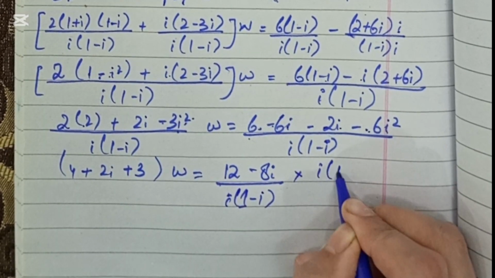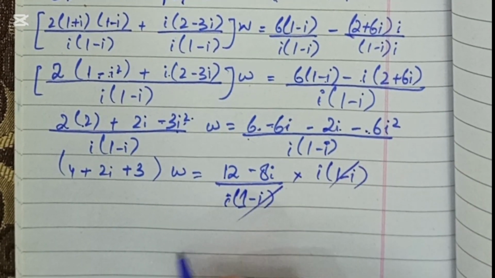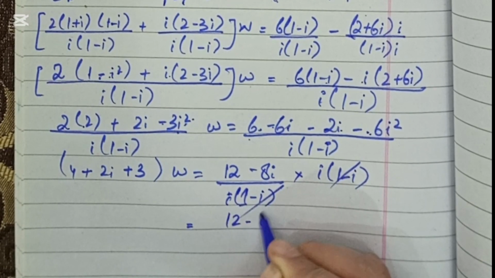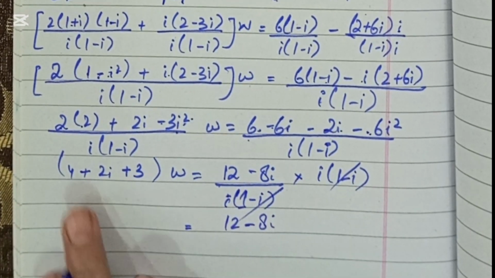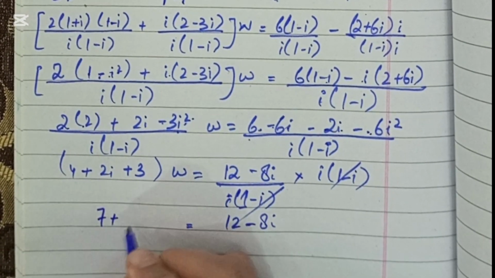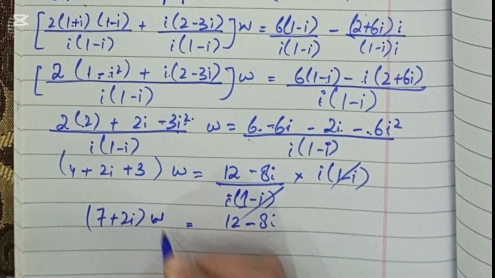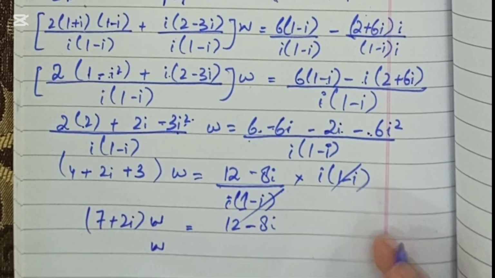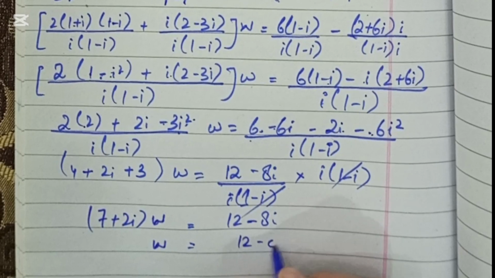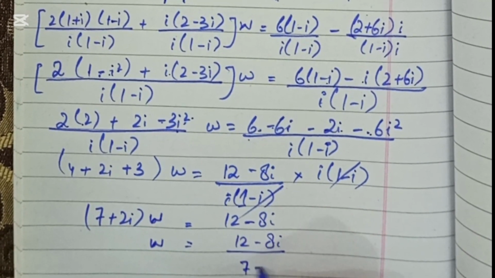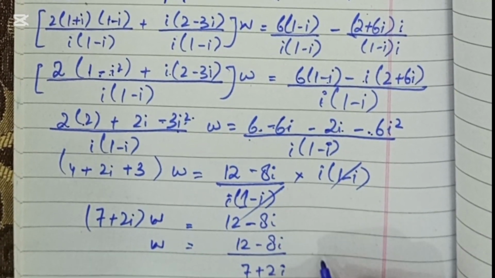So it will be iota into (1 minus iota) and it will be cancelled. Here we will be left with 12 minus 8 iota. 4 plus 3 is 7 plus 2 iota. Now we will shift this 7 plus 2 iota towards here and it will be in the denominator then. 7 plus 2 iota.